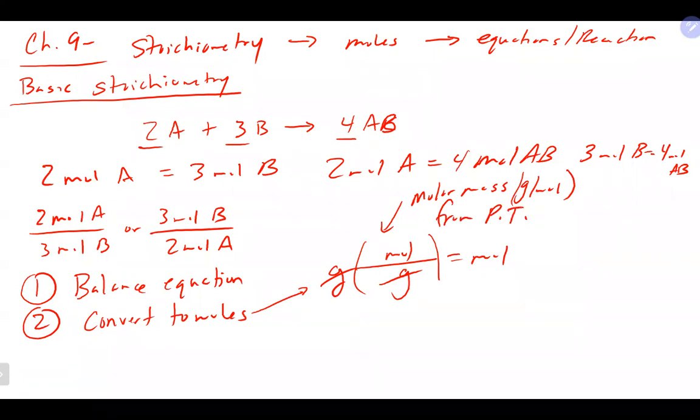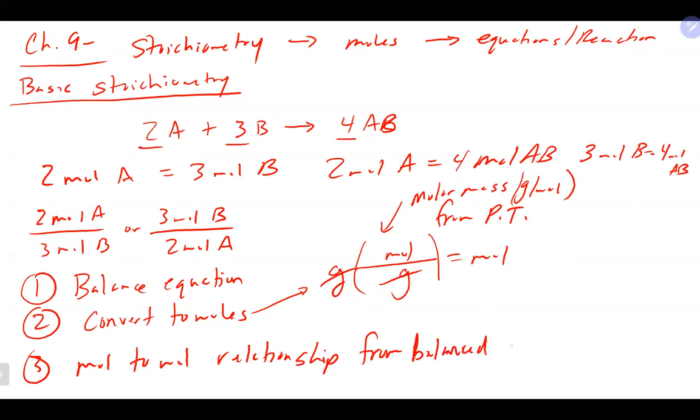And once you have it in moles, you then want to find the mole to mole relationship. And the mole to mole relationship you're looking for is from the balanced equation. Once you do that, that will convert you really from what you're not interested in to what you are interested in.